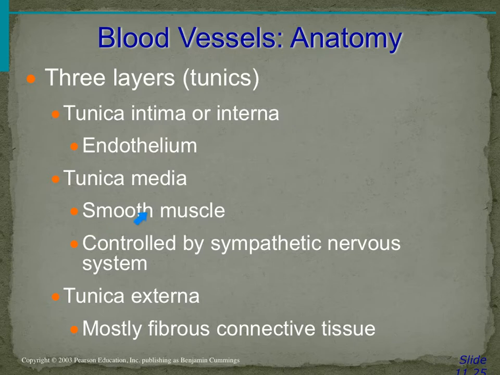Tunica media is the smooth muscles that allows the vessels to dilate or constrict, controlled by the sympathetic nervous system. So if that was activated, blood vessels in the muscles would expand, those in the gut would constrict, kind of thing. And then the tunica externa, the outermost layer, is fibrous connective tissue, giving it some strength and stability.